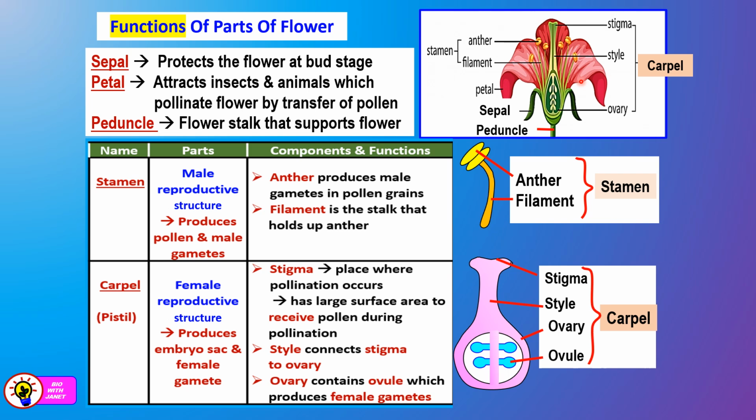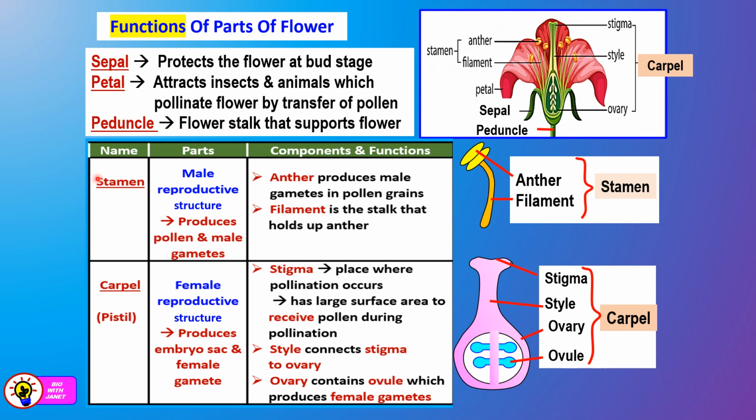These insects will be attracted to the flower and help to pollinate it by transferring pollen from anthers to stigma for fertilization to occur. The peduncle is the flower stalk that supports the flower. It's found below here.